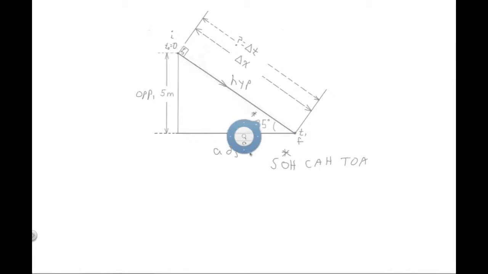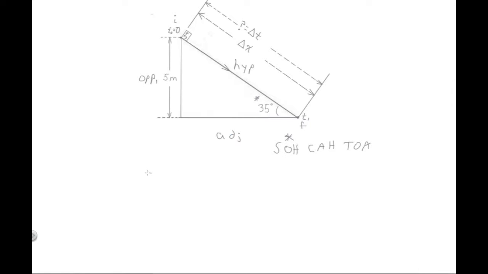So we're going to use sine here. And we'll say that the sine of 35 degrees is opposite over hypotenuse.